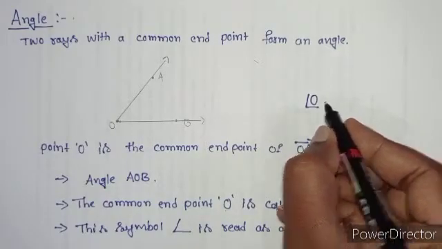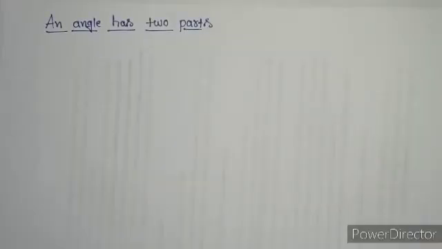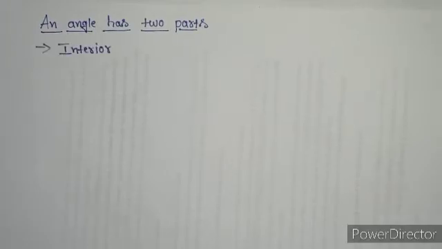For example, here the vertex is O, so we can write just O with the angle symbol. Students, now we know angle: two rays with a common endpoint form an angle. An angle has two parts: the interior of the angle and the exterior of the angle.